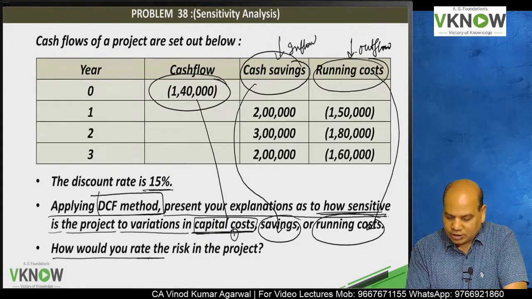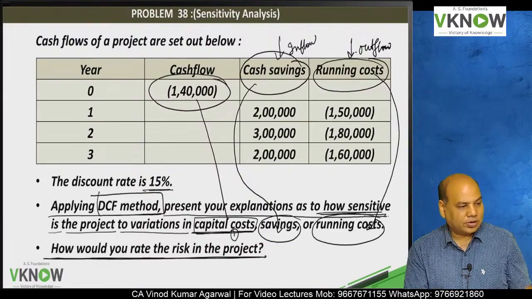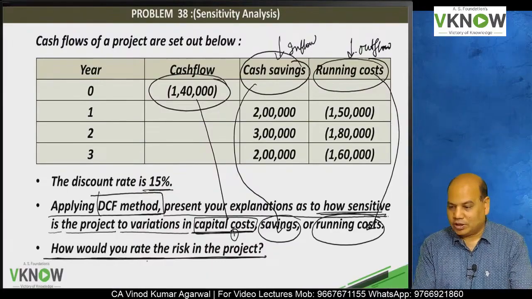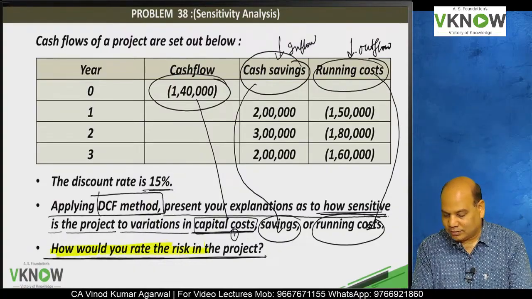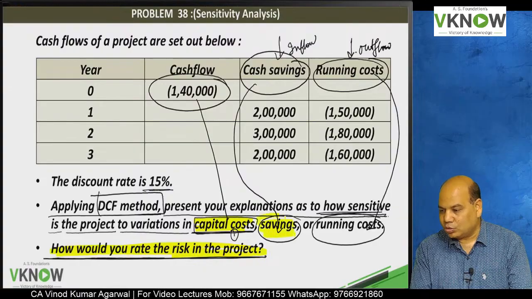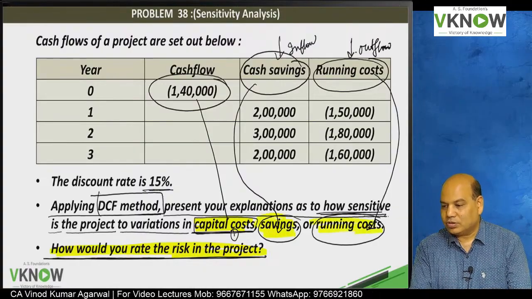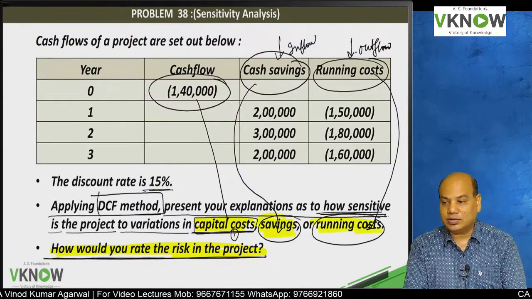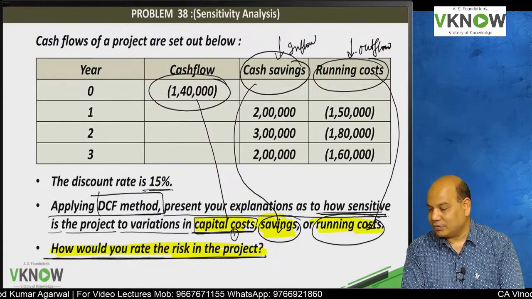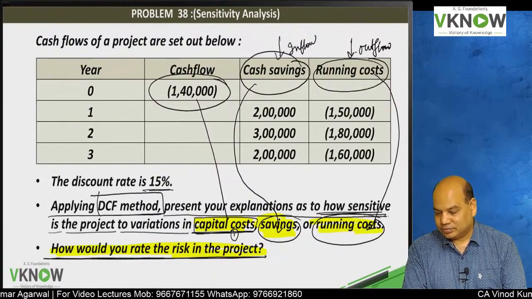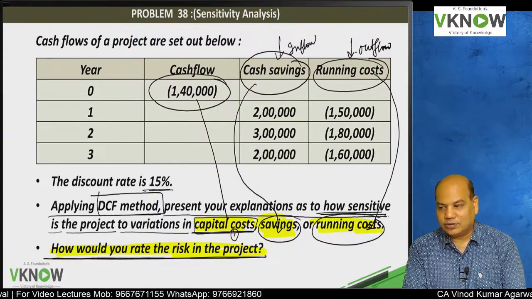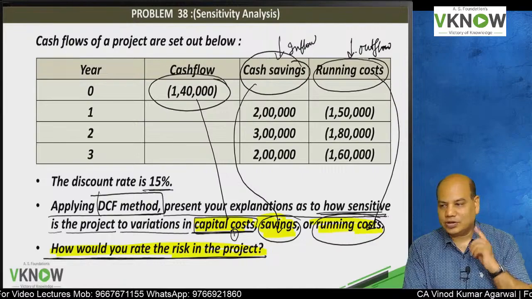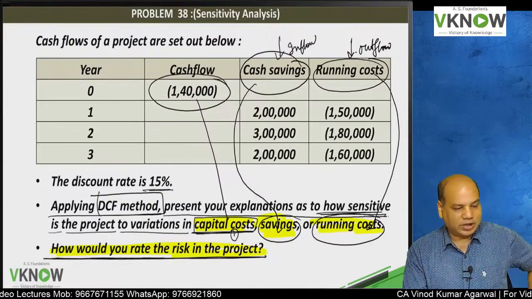How would you rate the risk in the project? That is something new. It means we'll have to rank these three numbers. The one which has lower sensitivity percentage, the project is more risky with respect to that factor, and the one which has higher sensitivity percentage, the project is less risky with respect to that particular variable.